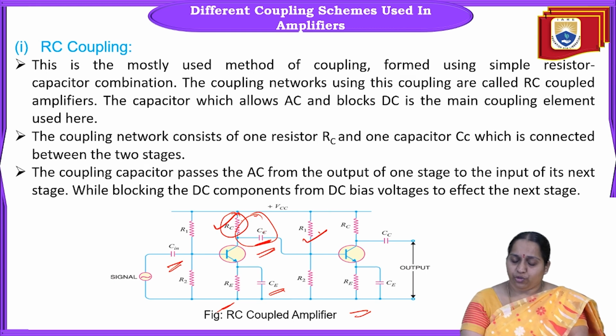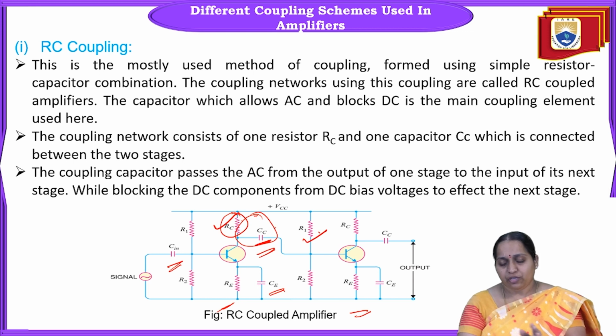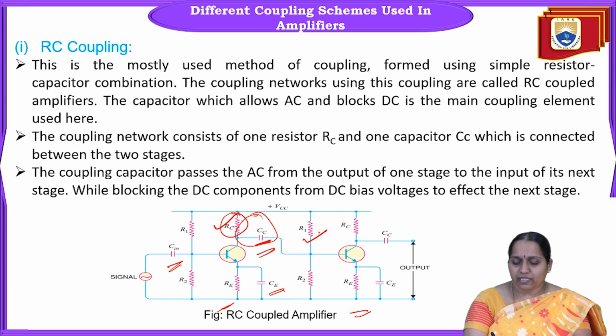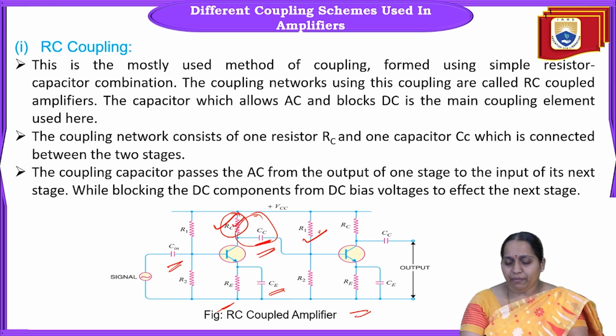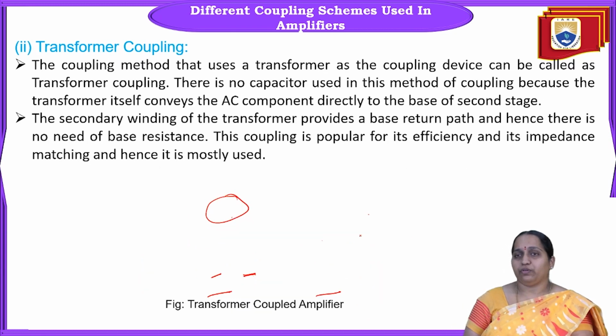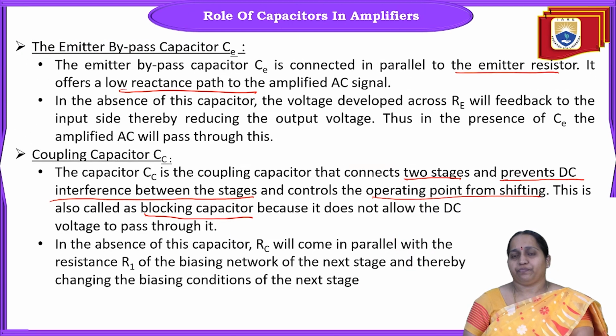So it is not only to pass the AC signal from the output of one stage to the input of the next stage, but also to block the DC. In addition, if you are not connecting CC, the RC of the stage will be in parallel with R1 of the next stage, and the biasing conditions of this transistor will change. So that is the reason why you are making use of the coupling capacitor.